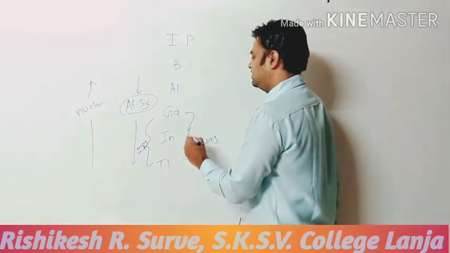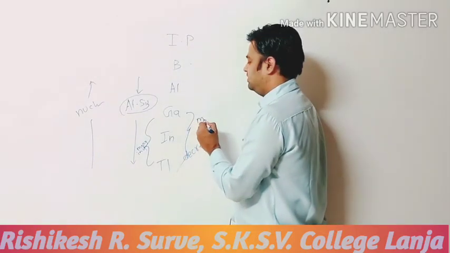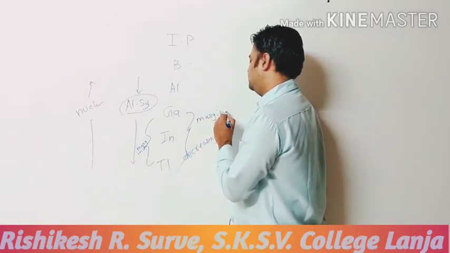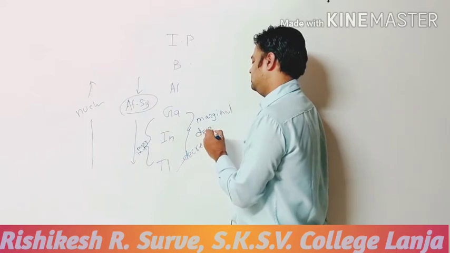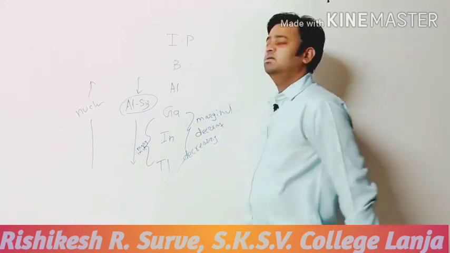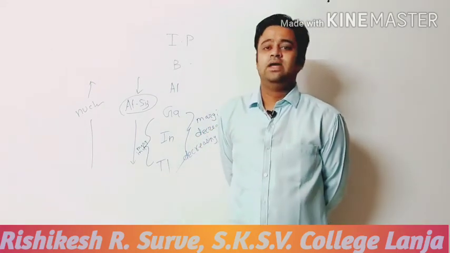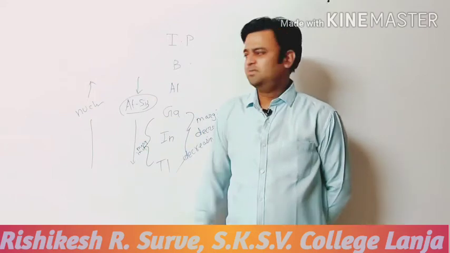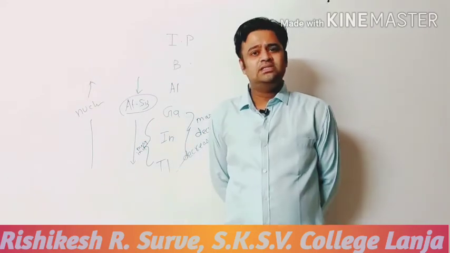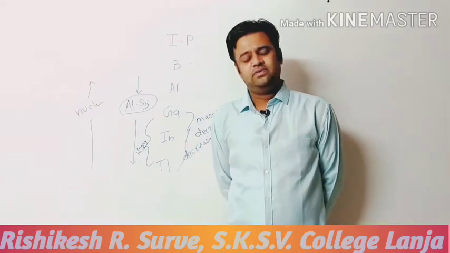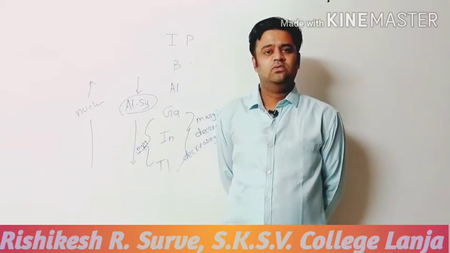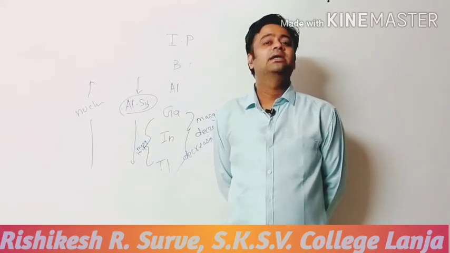But for these three, it is again a marginal decrease. Why? Because the atomic size also has a marginal increase, and definitely ionization energy will also have a marginal decrease.